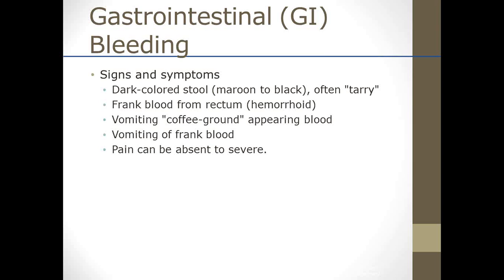It's oftentimes caused by what we call esophageal varices. Basically, that's like varicose veins in your esophagus. These veins have become a little bit engorged and run the risk of rupturing. If they do rupture, it really is pretty dangerous.